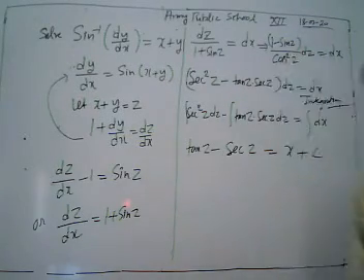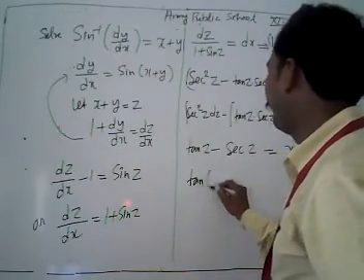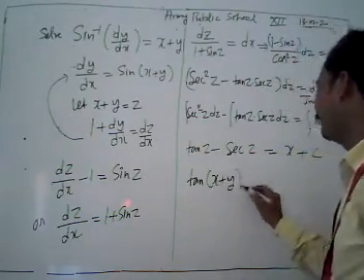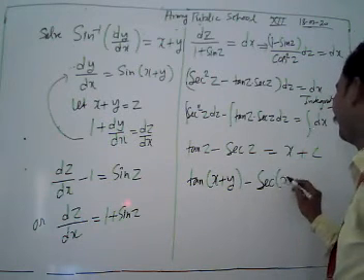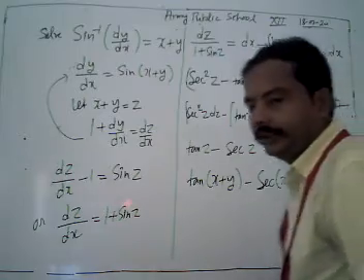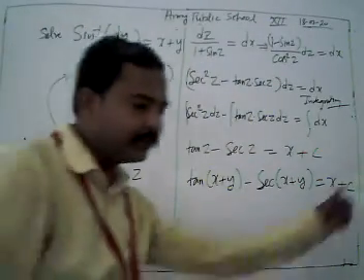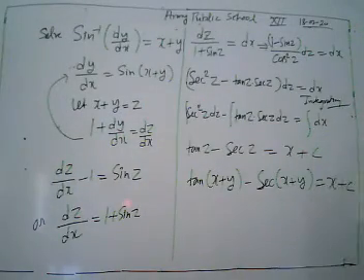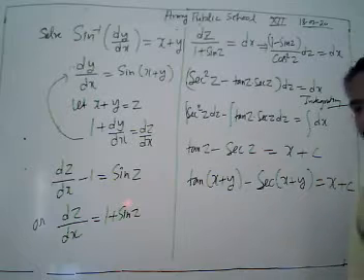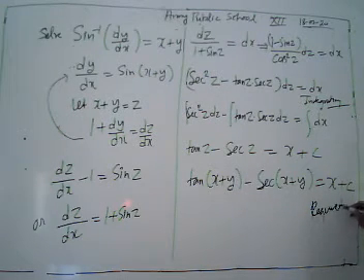Now we put the value of z, and we have tan(x+y) minus sec(x+y) equal to x plus c. This is the solution of the given differential equation. It is our required solution.